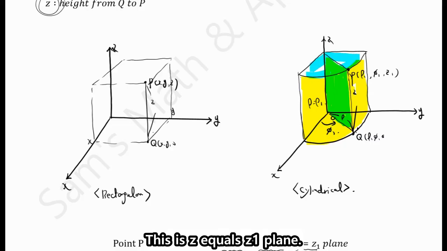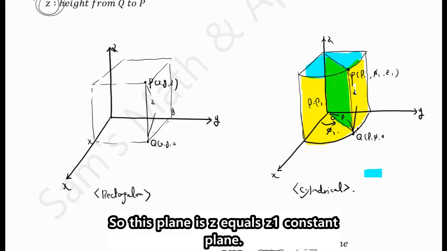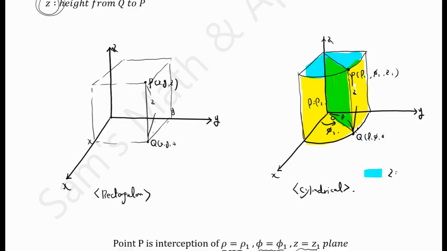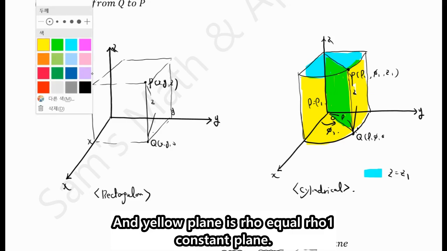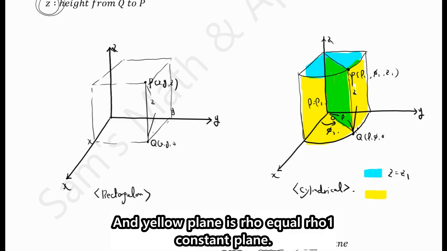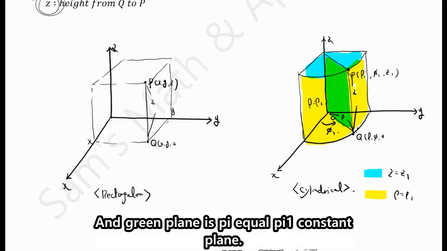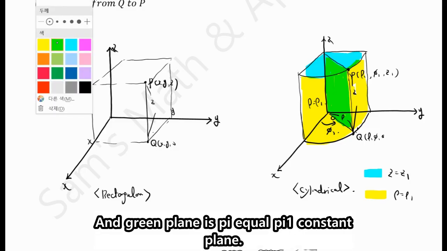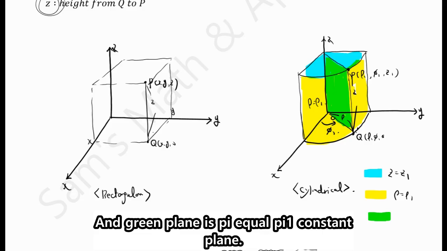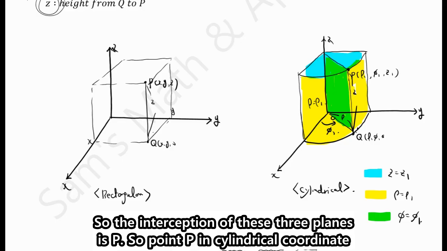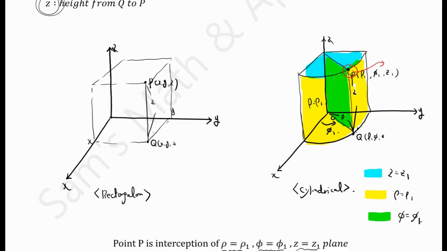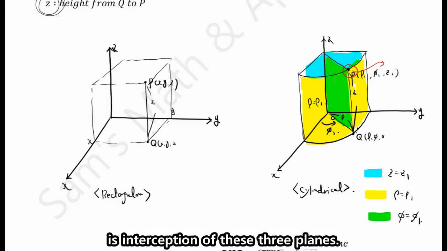This is the z equals z1 plane. So this plane is the z equals z1 constant plane, the yellow plane is the rho equals rho 1 constant plane, and the green plane is the phi equals phi 1 constant plane. So the intersection of these three planes is P. Point P in cylindrical coordinates is the intersection of these three planes.